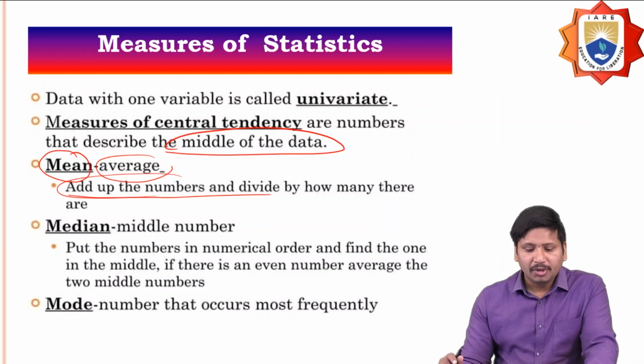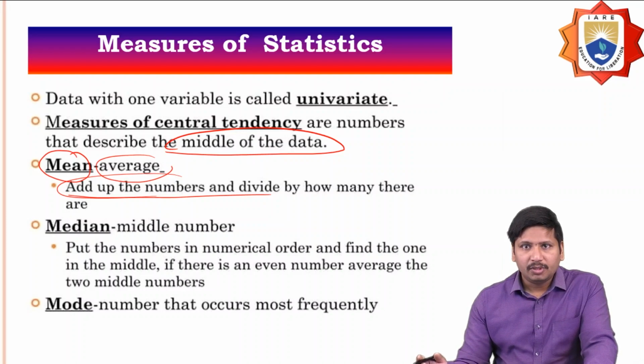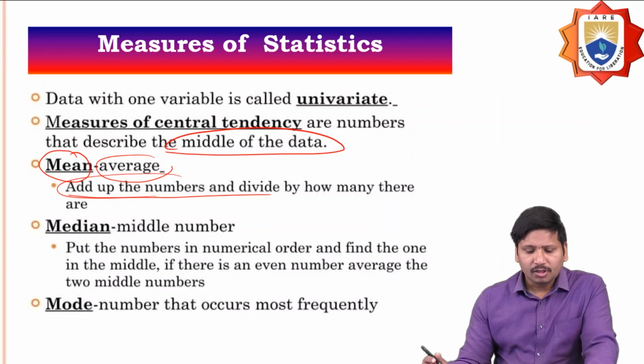The second one is the median. The median is the middle number. For this, we put the numbers in numerical order and find the one in the middle.